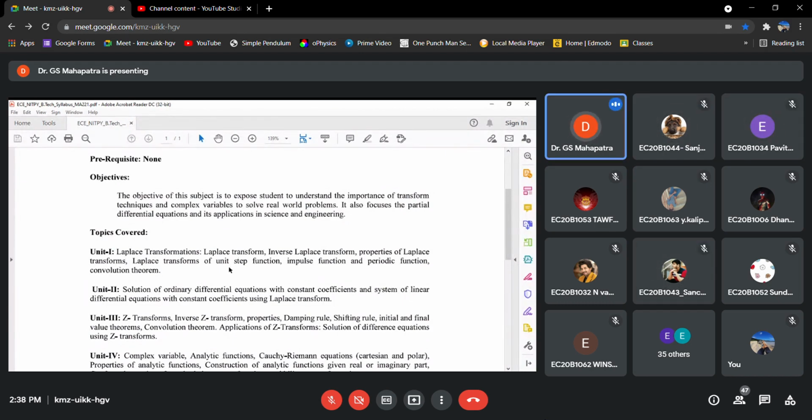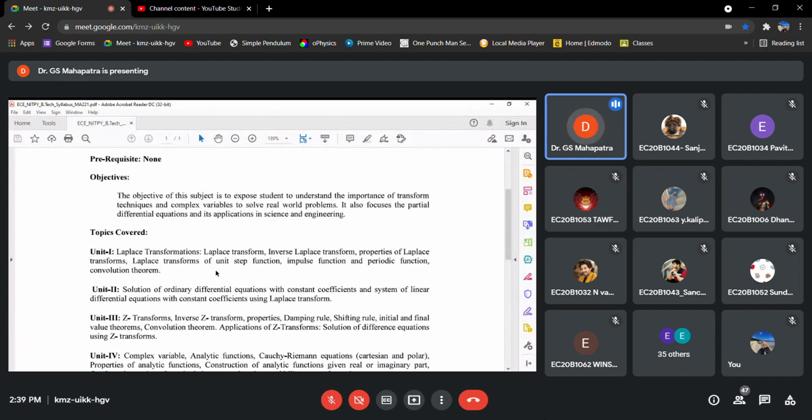So now in unit 1 we have to study Laplace transform and Fourier transform. By suitable changes you can write Laplace transform into a Fourier transform also. That one I will show you later on. Just see the second line of unit 1, the Laplace transform.